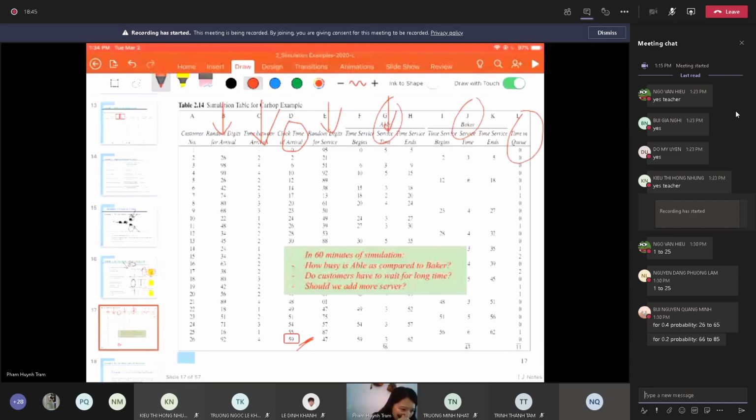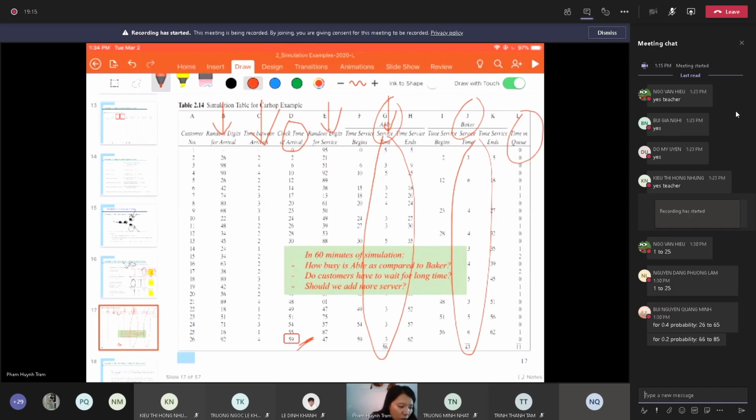So around that one. And after the simulation, we want to answer how busy Able is as compared to Baker. So how do we answer that question? We may look at the total time that Able is in service and the total time that Baker is in service.